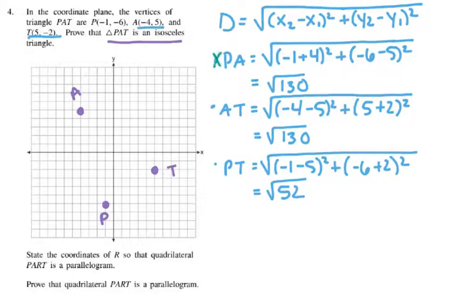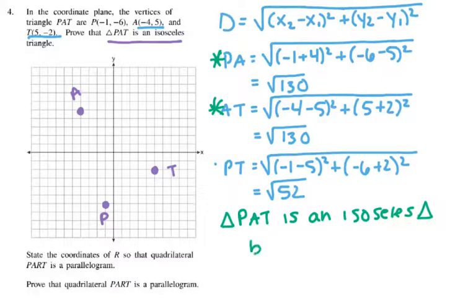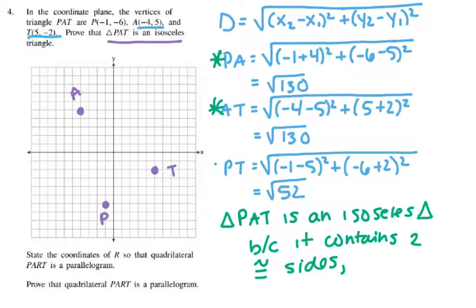Because both PA and AT are congruent, we can conclude that triangle PAT is an isosceles triangle because it contains two congruent sides, which are PA is equal to AT.